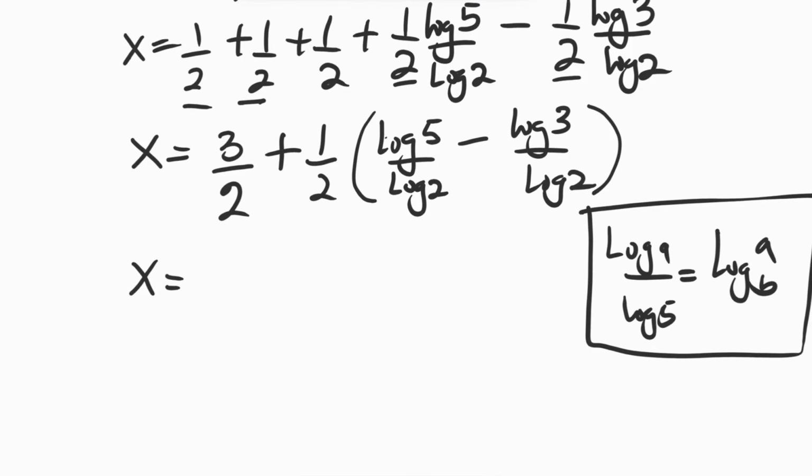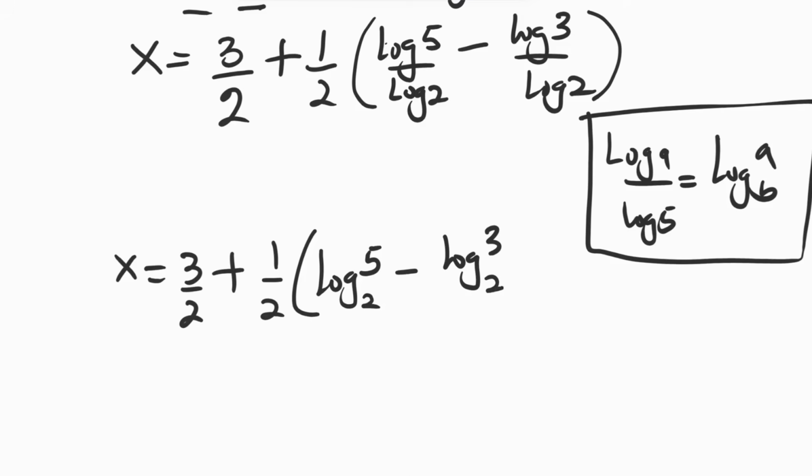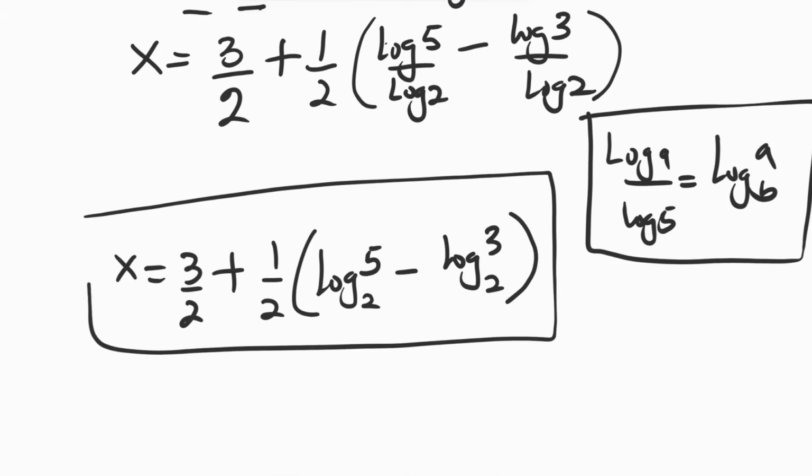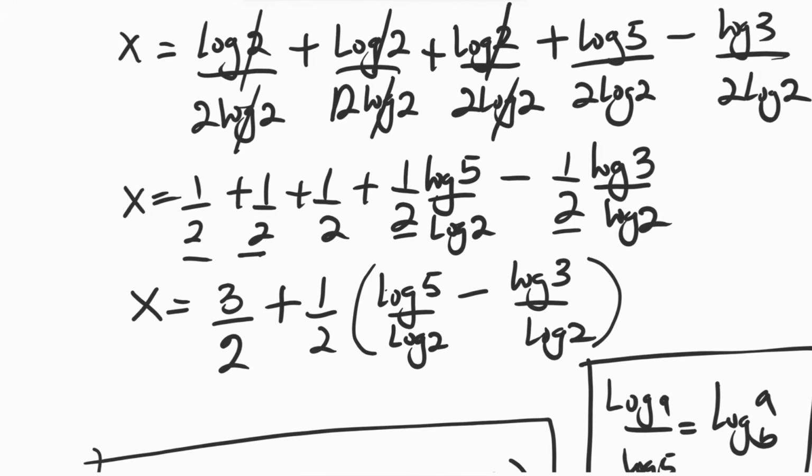We remember that, so our x is now equal to 3 over 2 plus half times log of 5 base 2 minus log of 3 base 2. Now, what we have here is our final answer to this question.